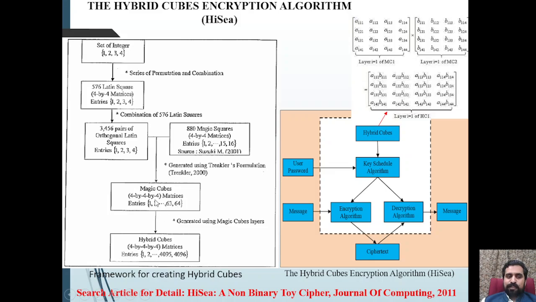Using this magic cube, HiSea research developed a new cube structure called the hypercube, where the layer entries are between 1 and 4096.